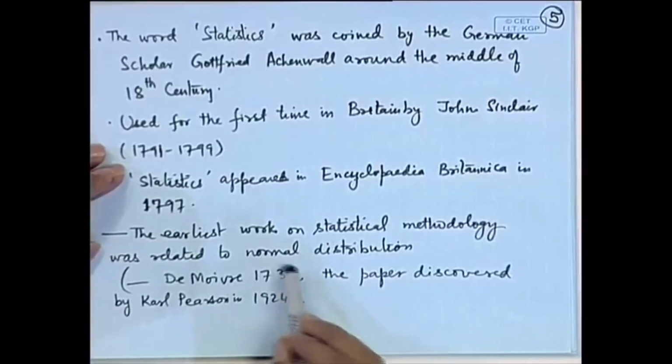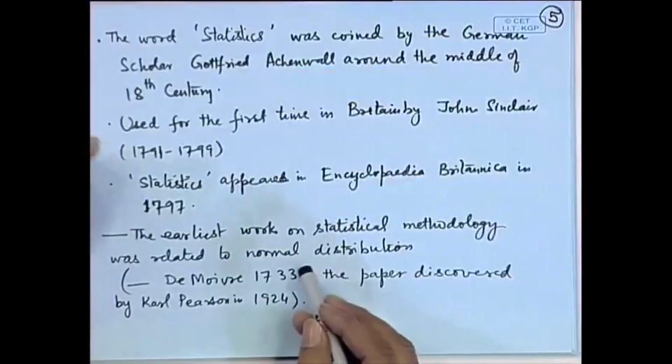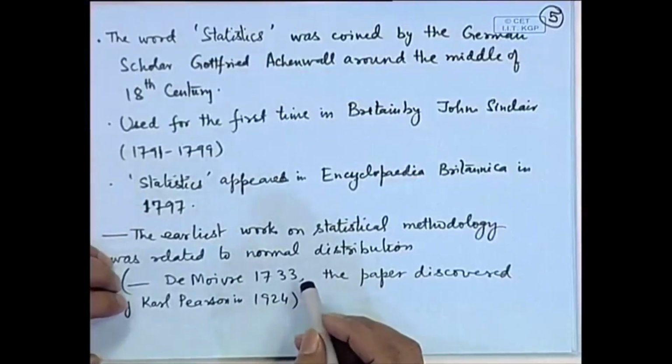In this one, most probably for the first time he gave what is known as the normal distribution, and he gave it as arising in a large number of Bernoulli trials. He obtained it as a limit of certain sums of random variables. It is known as one of the first central limit theorems.